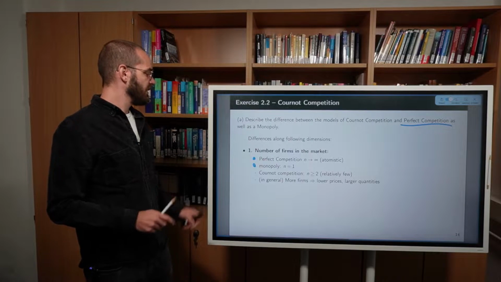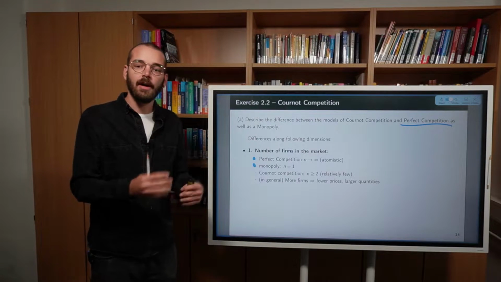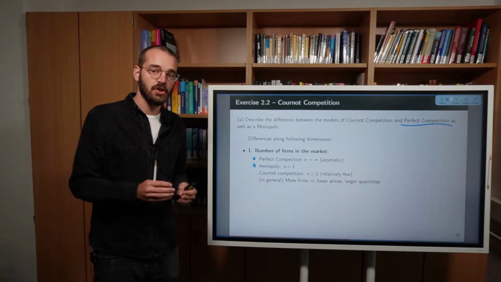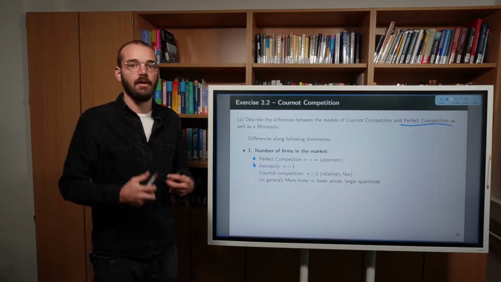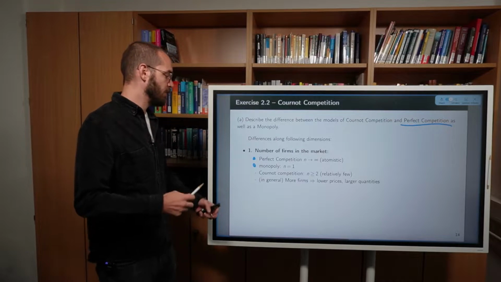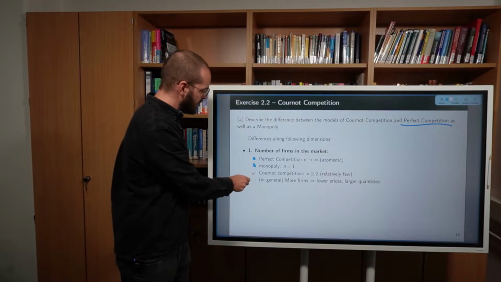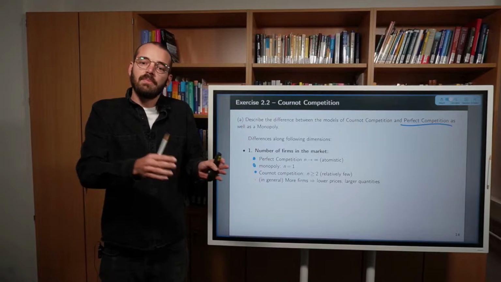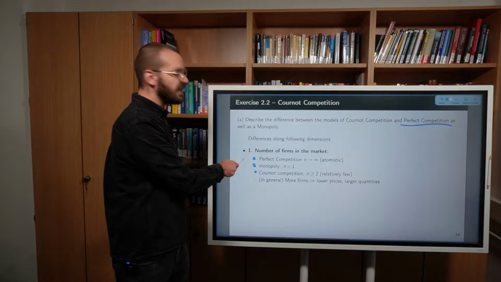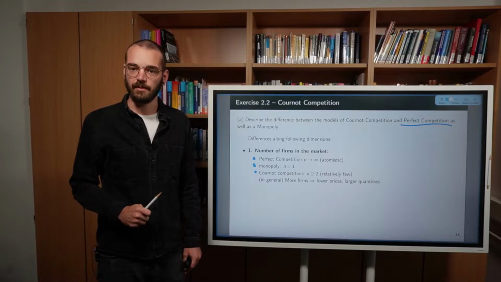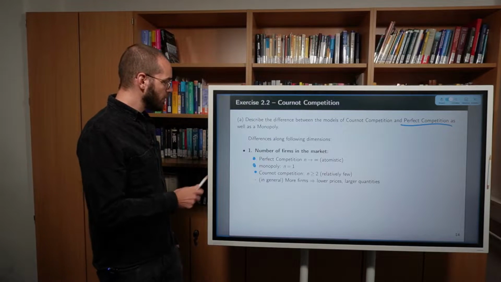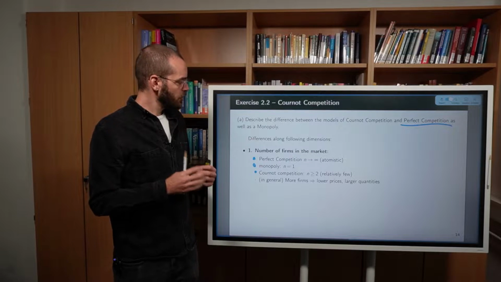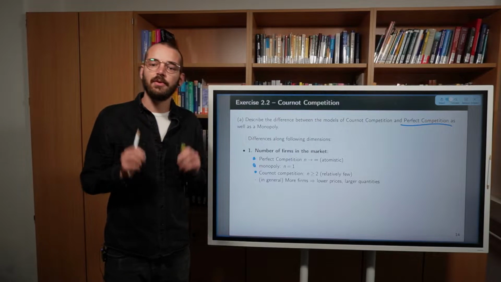And now this week we are looking at oligopolies, and Cournot competition is one way to model an oligopolistic market, which of course means that in this situation we are somewhere in between these two extreme cases that we already know from previous week. So in Cournot competition we are typically talking about relatively few firms.